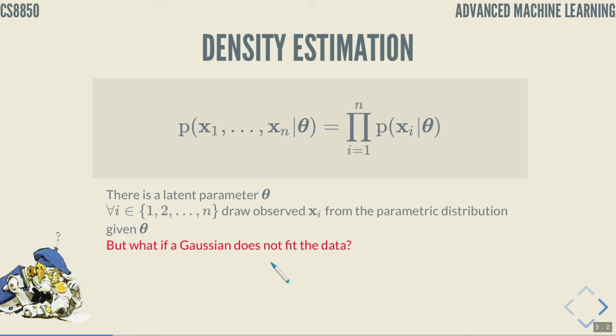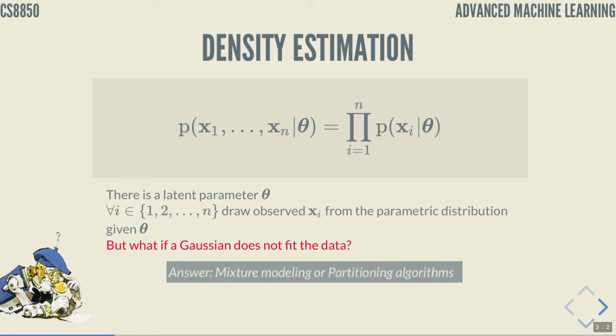But if a single Gaussian doesn't fit the data, we use, as I said, mixture of Gaussians or mixture modeling or partitioning algorithms. Basically, we have a data set and we have a mixture of different models, and we partition our data set into subsets that belong to one model or another, generated by either one Gaussian or another one or the third one, and so on.